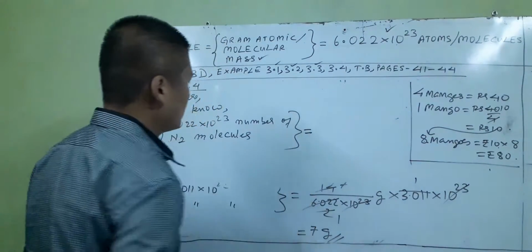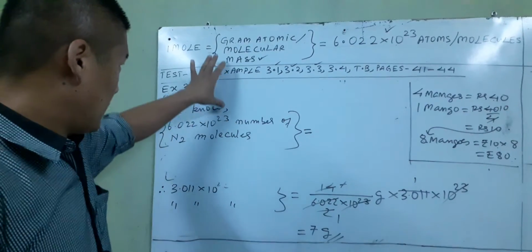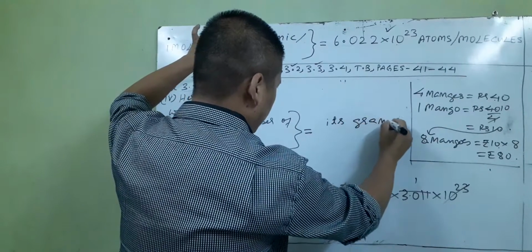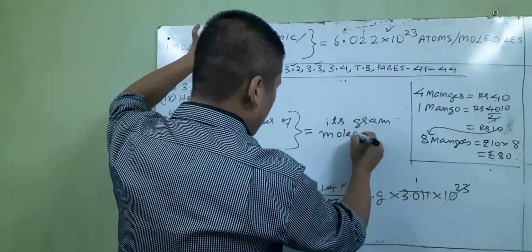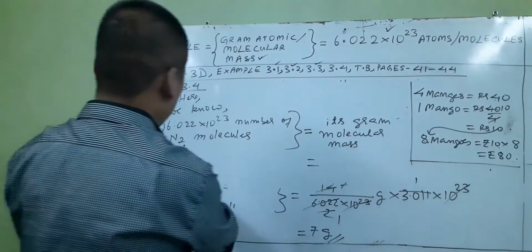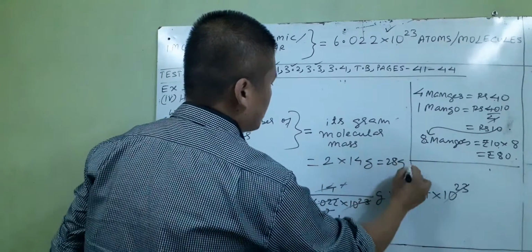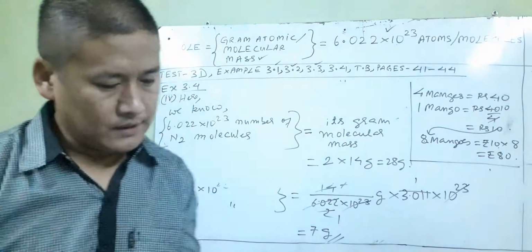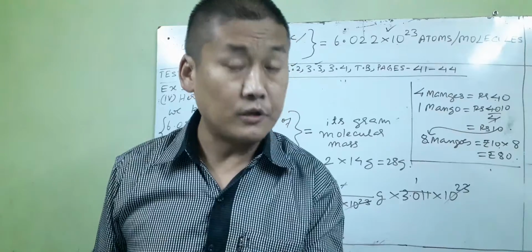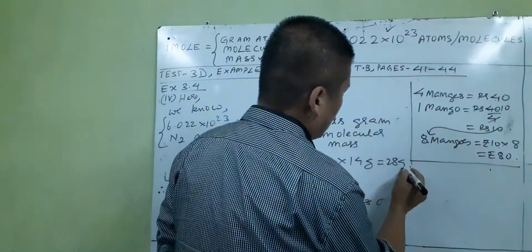This will be equal to mass from number. Here it's gram, very clearly molecule, so molecular mass of this one, N2. So 2 atoms, so 2 into 14 grams, which is equal to 28 grams. The question is exactly saying find the mass of 6.022 into 10 to the power 23 number of N2 molecules. So Avogadro number only they gave, so that is the answer, 28 grams.